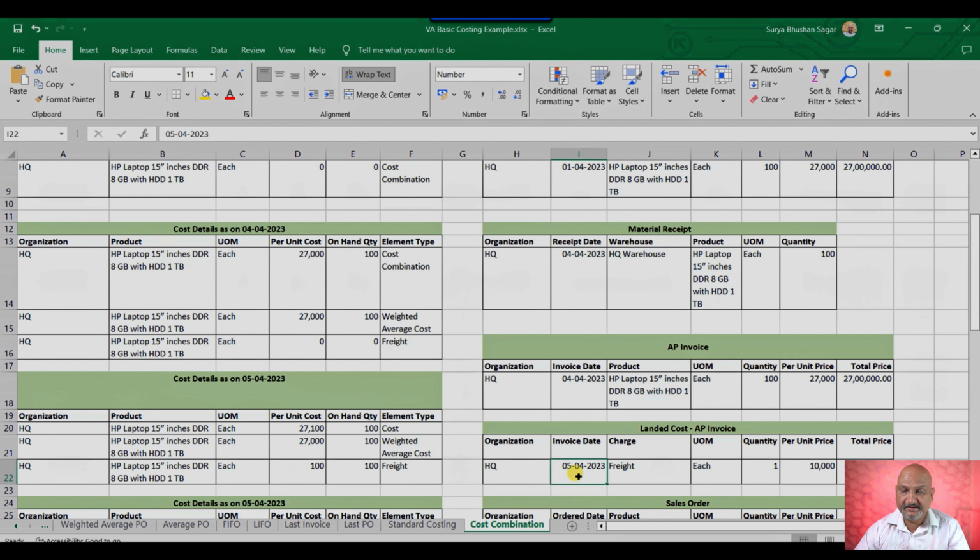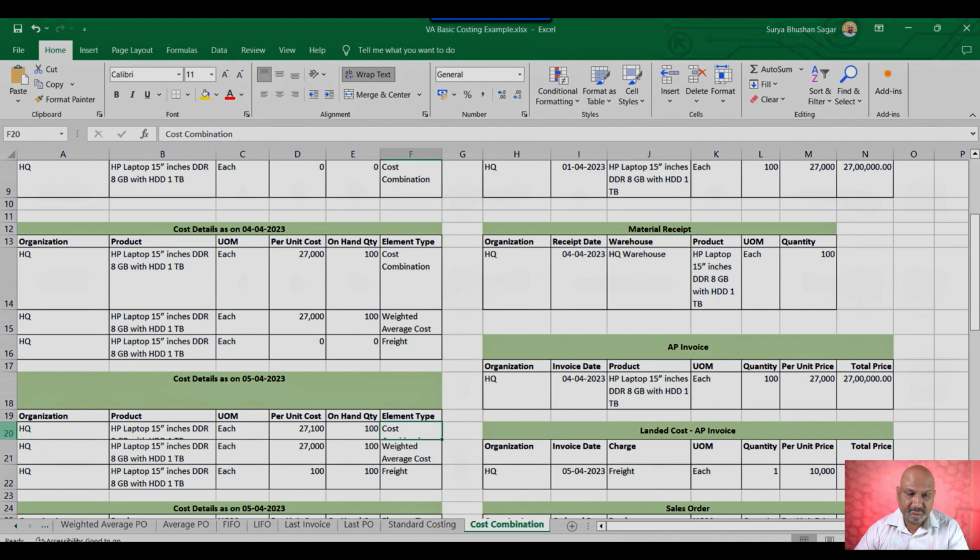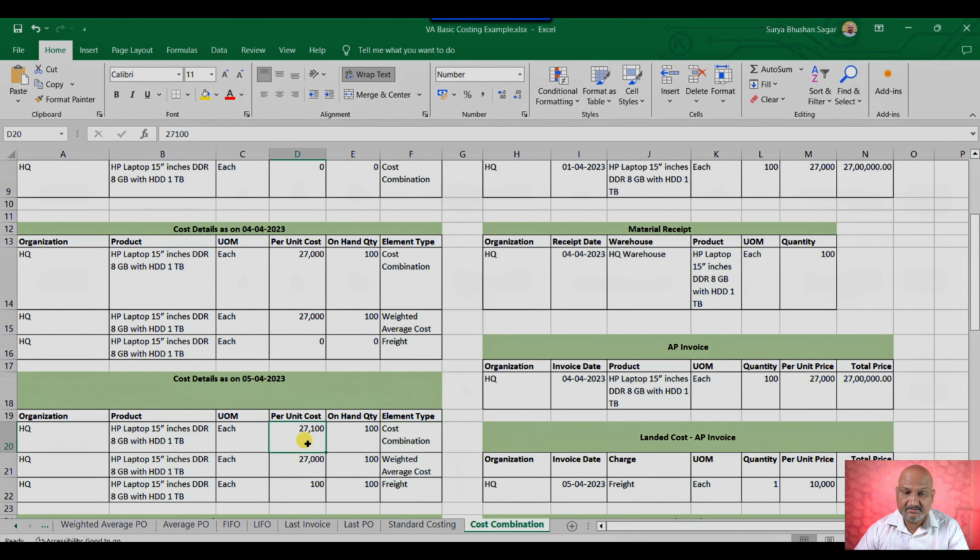We entered this invoice on the 5th, and once we processed it, on the 5th of April our status becomes 27,100, which represents 100 per unit as the freight cost for each item, and 27,000 per unit for the material. If you sum up both of them, 27,100 is the total cost for the cost combination, and for this particular product.